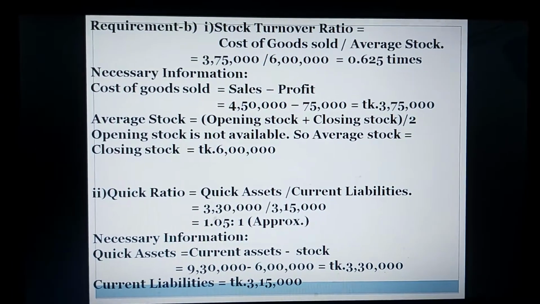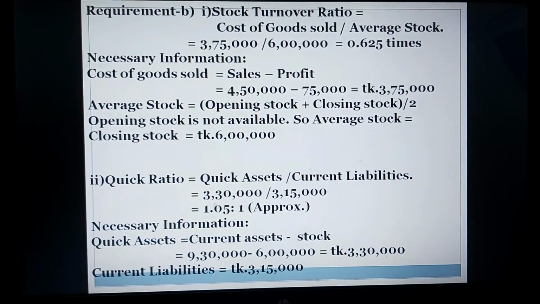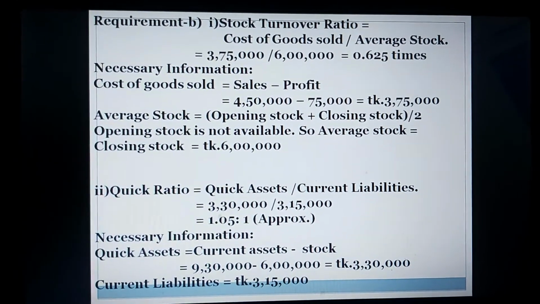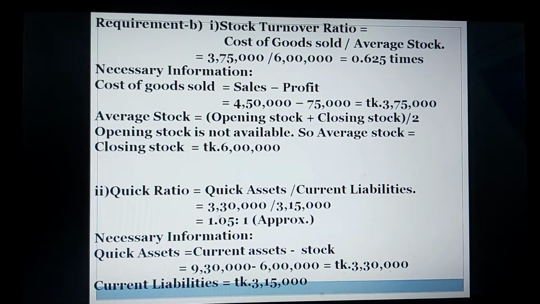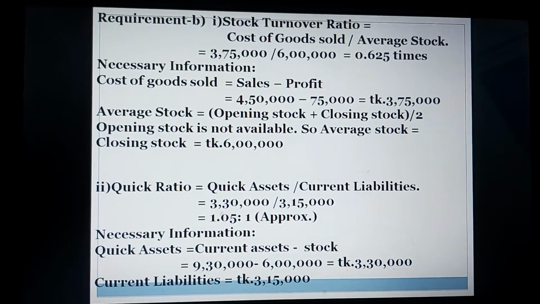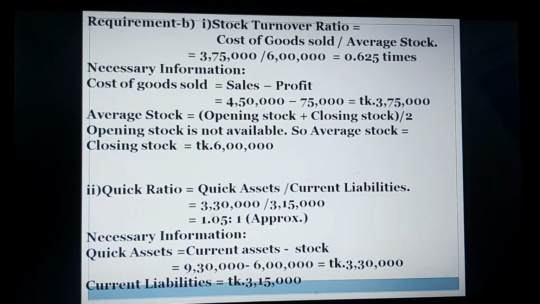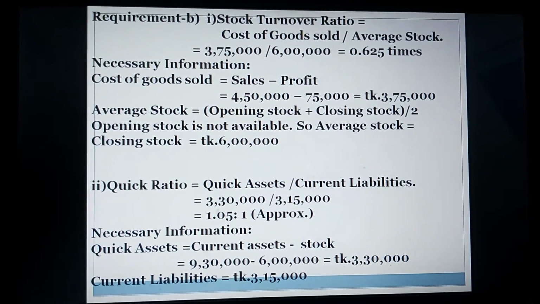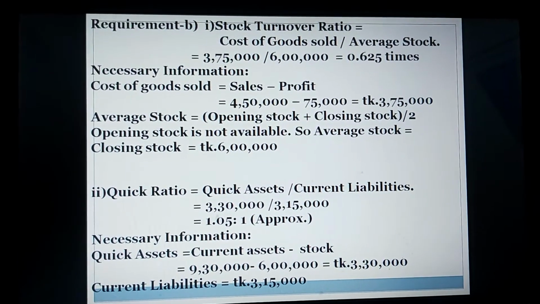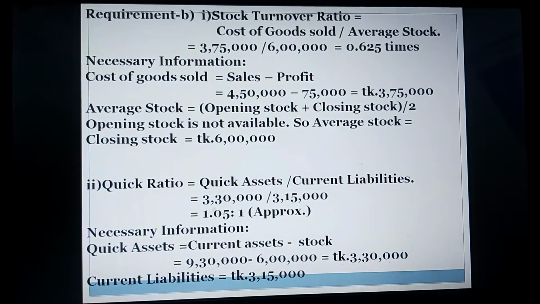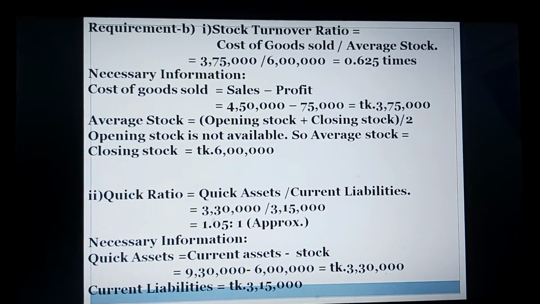Another piece of information to be taken is stock. Average stock is equal to opening stock plus closing stock divided by 2. I repeat again, average stock is equal to opening stock plus closing stock divided by 2.